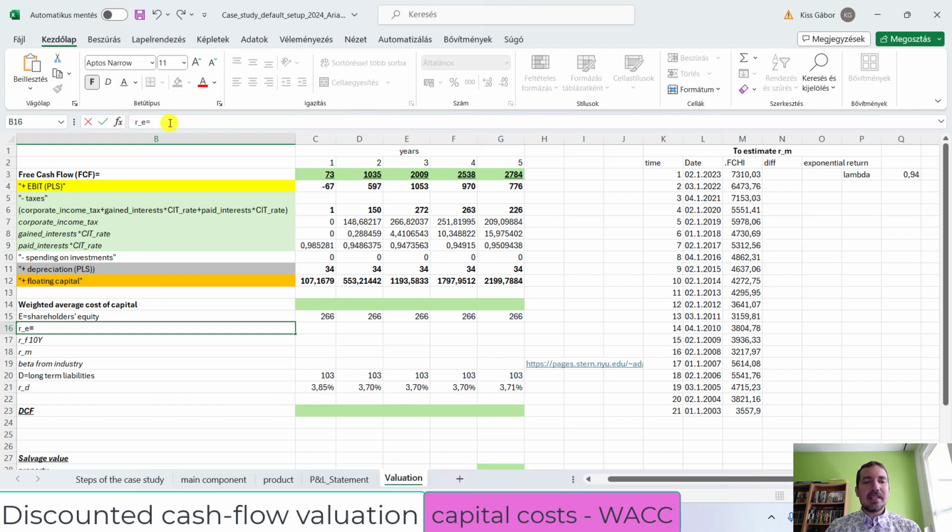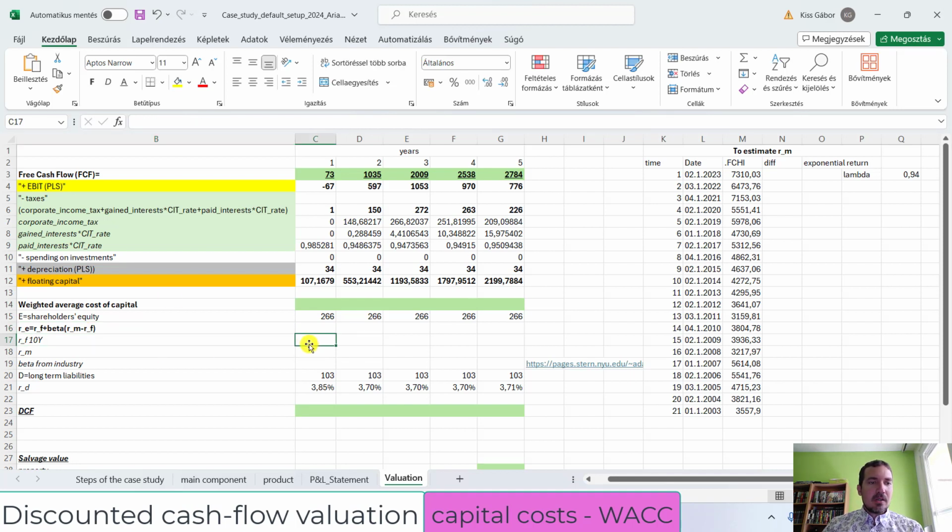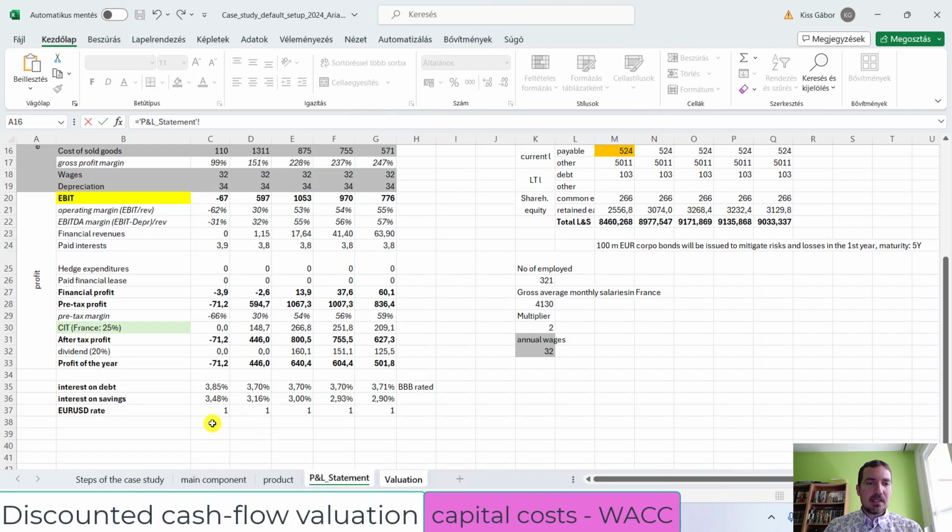So RE equal RF, so the risk-free interest rate multiplied by the beta, industrial beta, and RM minus RF. So this is what we have to replicate. Okay, you can ask the question that, okay, this long-term yield, what will it be? And it will be the interest on savings.